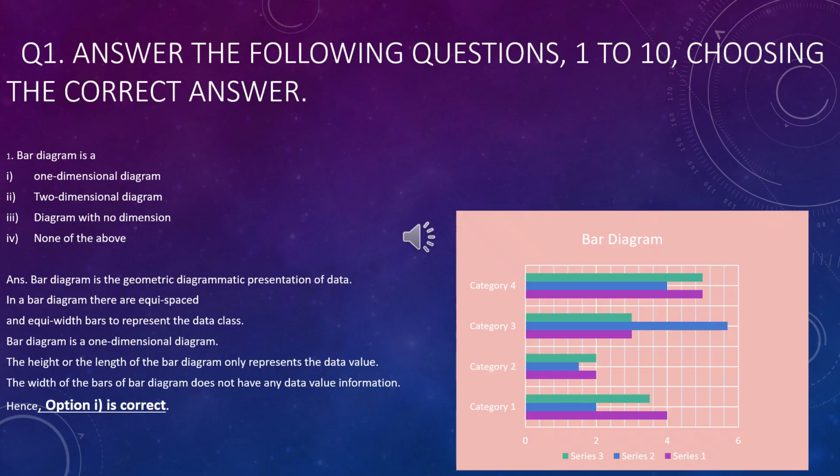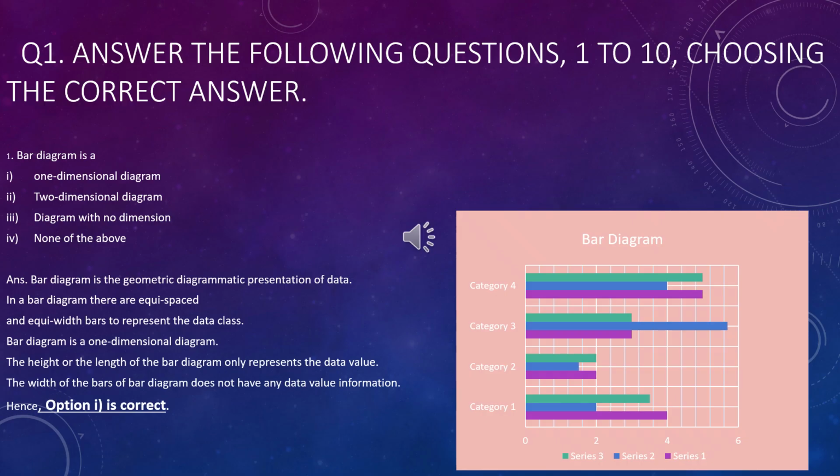For this answer we will have to understand what is a bar diagram. Bar diagram is the geometric diagrammatic presentation of data. In a bar diagram, there are equi-spaced and equi-width bars to represent the data class. So there are equal spaced and equal width bars which represent the data class.